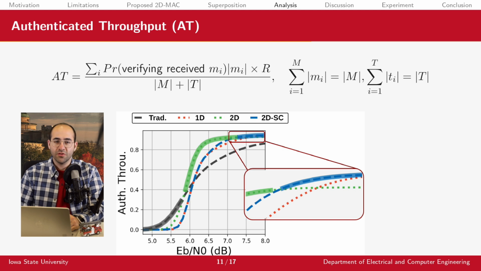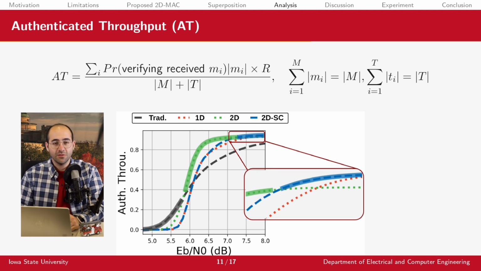The picture below shows the authenticated throughput versus Eb/N0 for all the 4 schemes. The best performing scheme is highlighted. As you can see, at lower SNR, the traditional scheme has the highest performance. In mid SNR, the 2DMAC has higher authenticated throughput, whereas at very high SNR, first the 2DSC and eventually 1DMAC and 2DSC equally perform better.